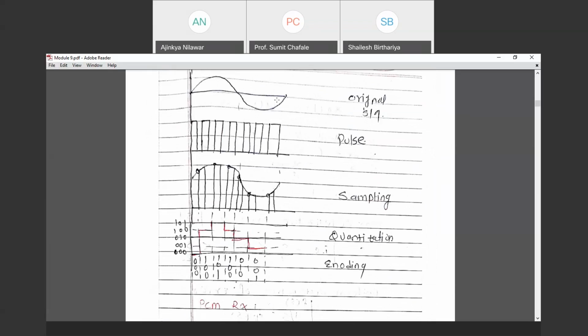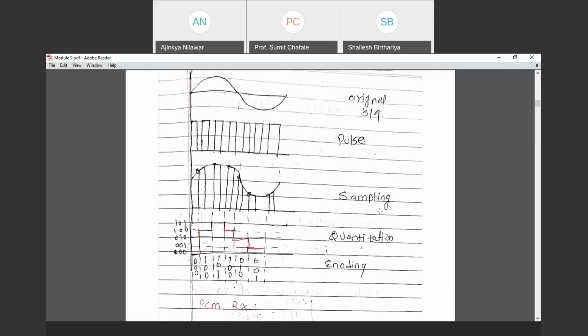Now if we represent this in waveform form, again a two-dimensional wave, on the y-axis we have amplitude and on the x-axis we have time. Consider this signal x of t, with mathematical representation A sine omega t. Since it is pulse code modulation, we require pulses as a carrier.